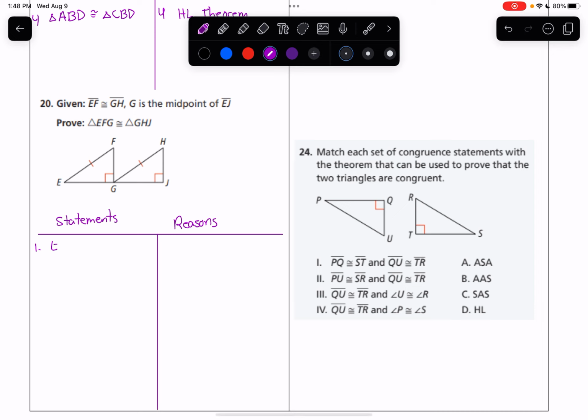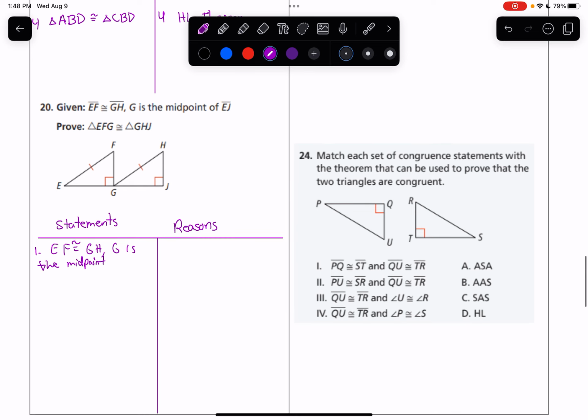We know that EF is congruent to GH. We know that G is the midpoint of EJ. Okay, and we also know that the triangles are right triangles because that's given.